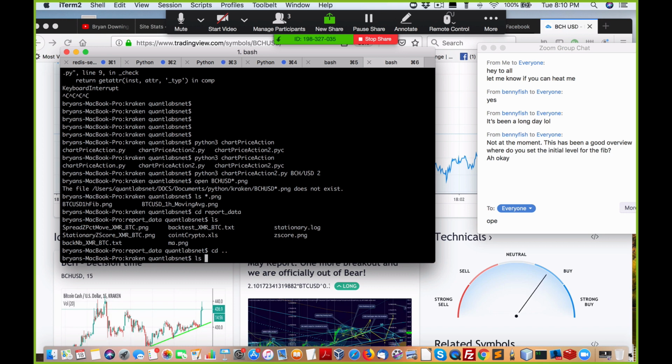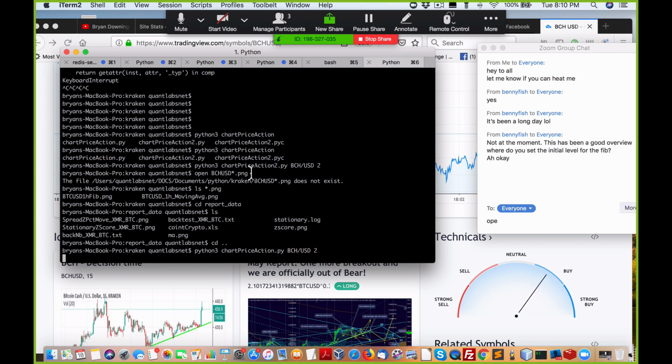Okay, let me just run another script. I have 2 different versions of this script. I need to run this one. Okay, so right now we're doing Bitcoin Cash against US dollar. We know it's moving up, but let's see what the Fibonacci levels say on the pricing.